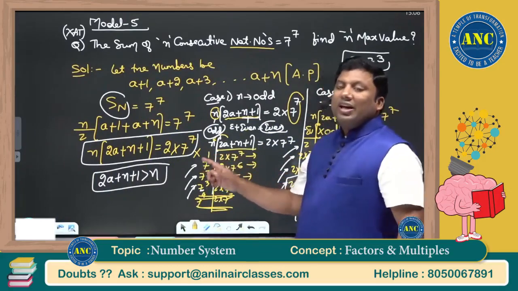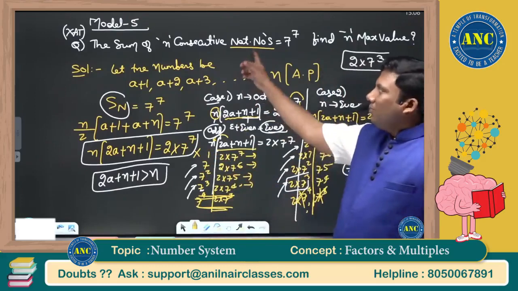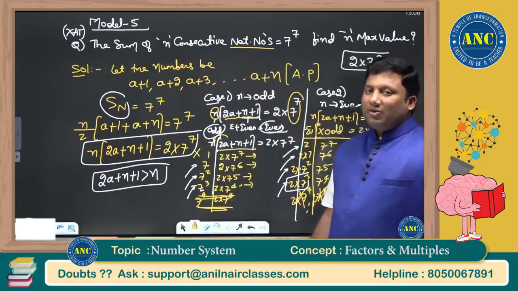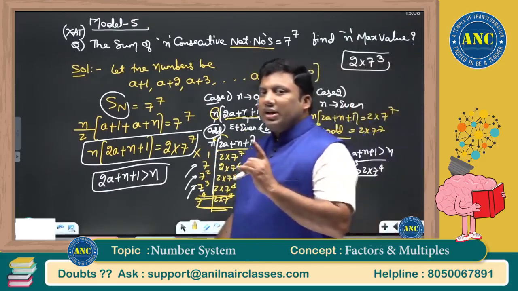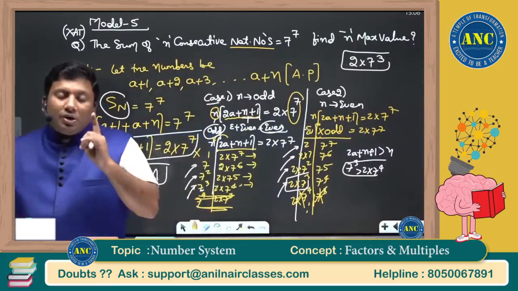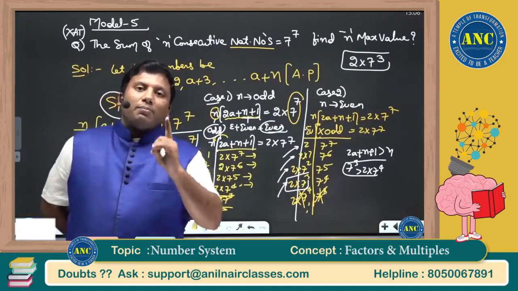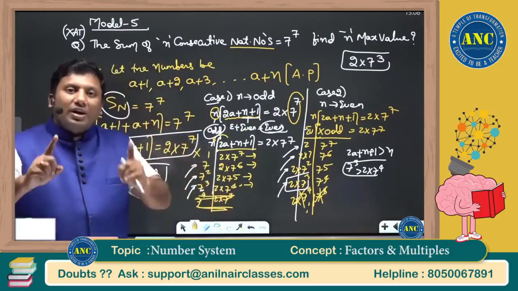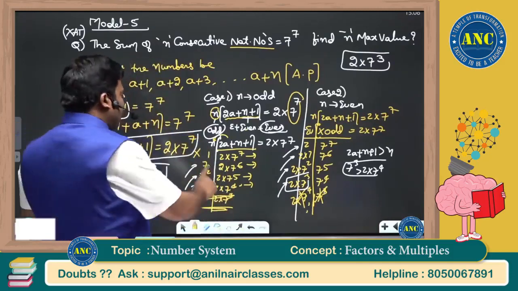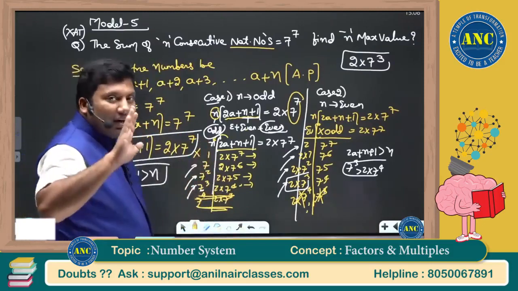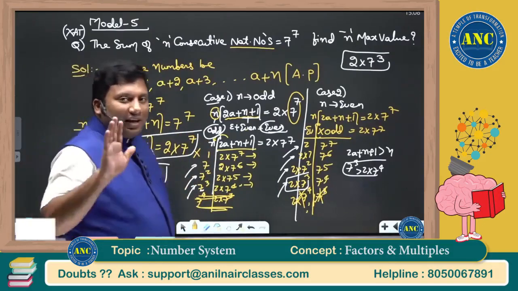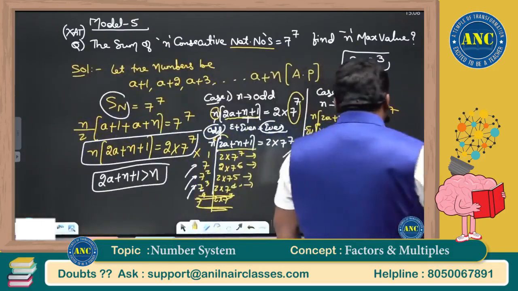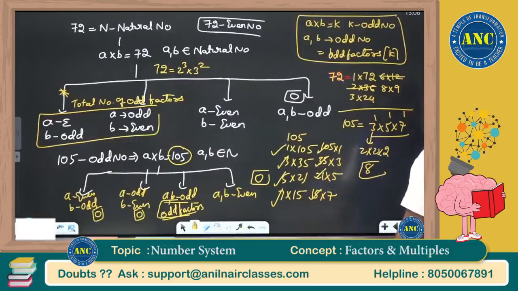In that, n equivalent to 1 is eliminated because it is n consecutive natural numbers. Writing a number as a product of odd into even is equivalent to the total number of odd factors, but n equivalent to 1 is eliminated. First, write down this important key point.